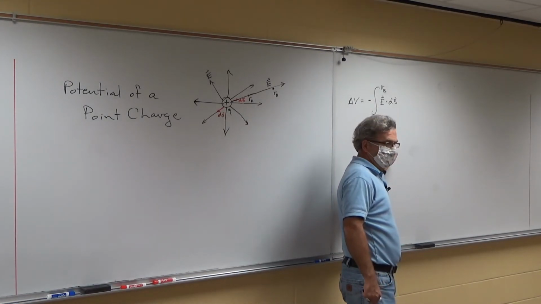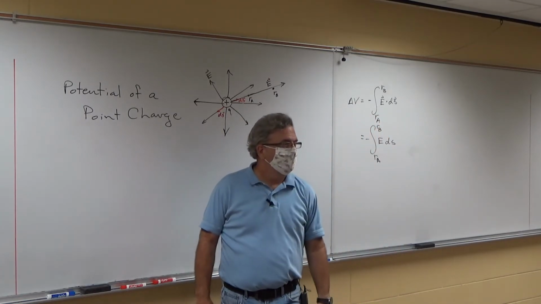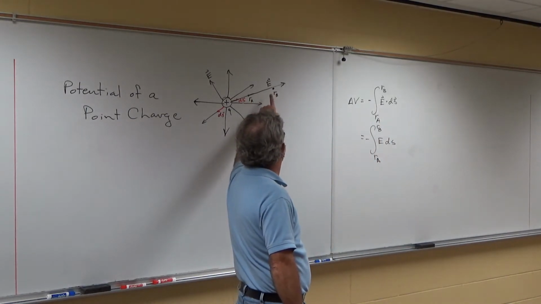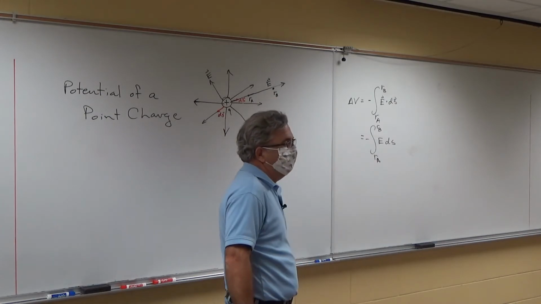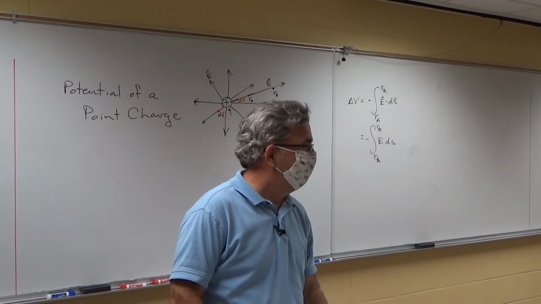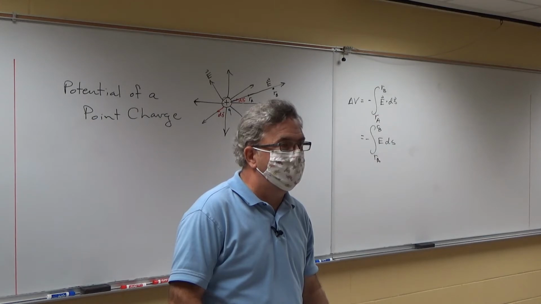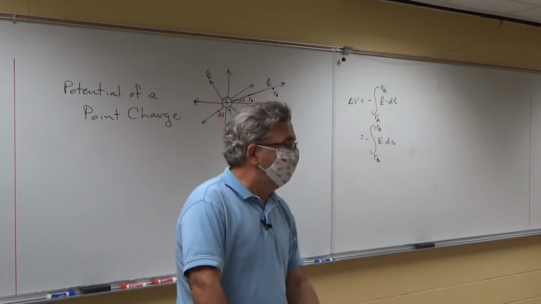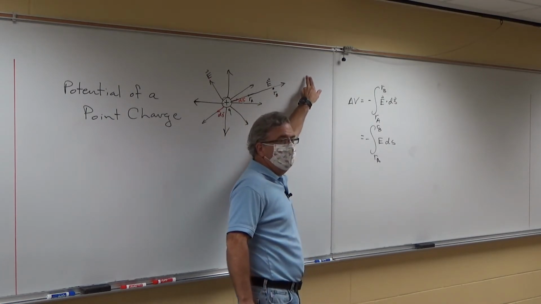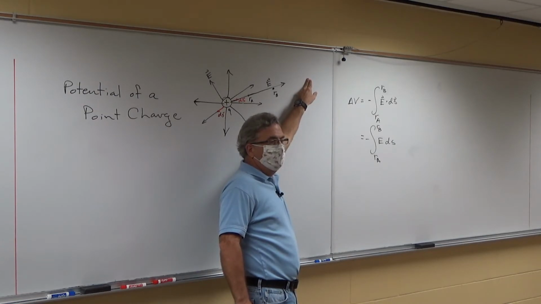Is this a constant? Is the electric field constant as I move from the radius at A to the radius at B? No. The field falls off like 1 over r squared. So as I move out away from Q, that electric field is decreasing. What's the electric field due to a point charge?